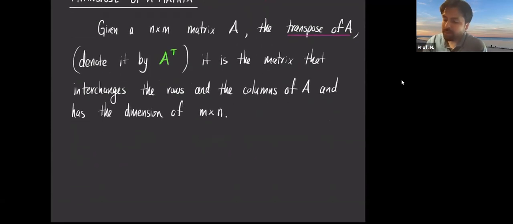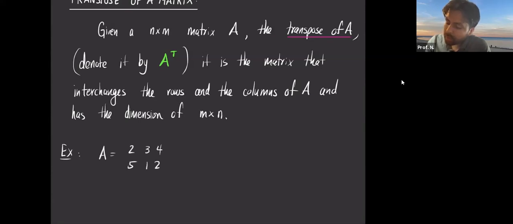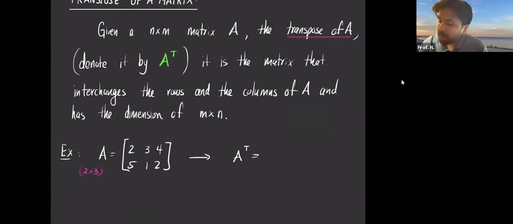It's nothing out of this world. What you're saying is the rows of A now become the columns of A transpose. So simple example, if I consider A to be 2, 3, 4, and 5, 1, 2, right? So this is a 2 by 3 matrix. You have 2 rows, 3 columns. So then what would be the transpose? Well, the transpose, A transpose, would have a 3 by 2 dimension.